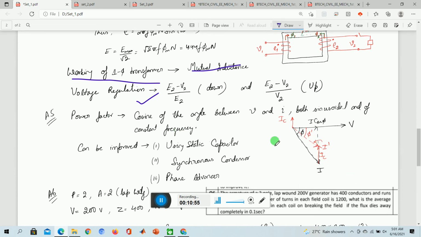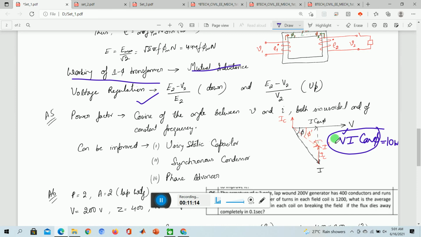Because you can see that VI cos phi is the active power that is required. Suppose my load is 10 watt, and for that I am drawing some current. V is fixed.